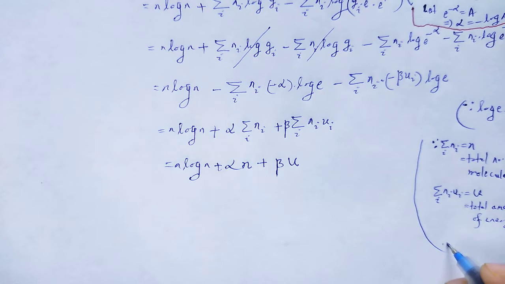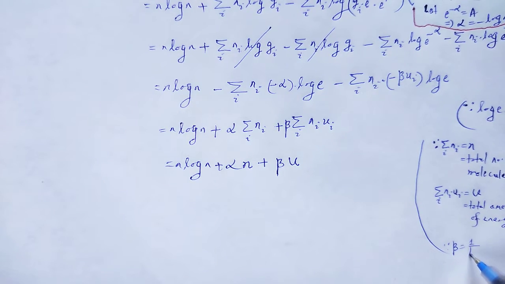Just I write it here, beta is equal to 1 by kT.